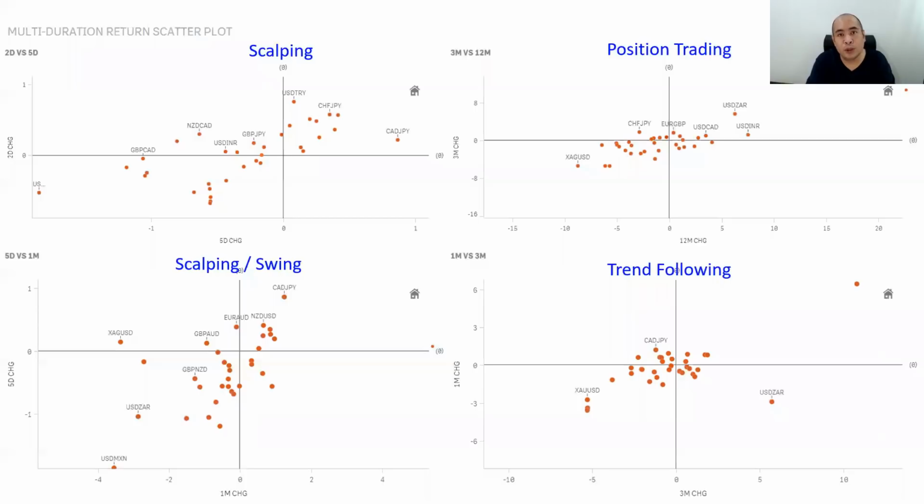So there's still opportunity to go long on things like USD-ZAR, USD-INR, USD-CAD, and whatnot. You should still have a short bias for silver, despite the recent bounce in silver, if you're a position trader. But then again, it really depends on your investment time horizon and your general approach to the market.